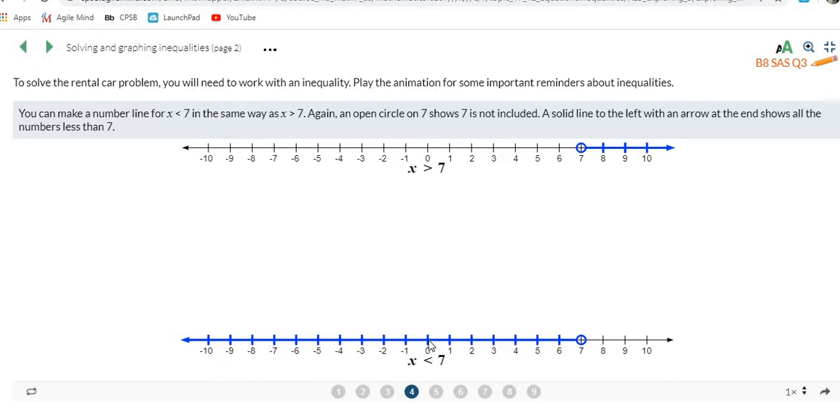It says 0 is an answer. Is 0 less than 7? Yes. It says 10 is not an answer. Is 10 less than 7? No. So that's why it's not shaded. This is not shaded as well because there's a hole. Is 7 less than 7? No, so that's why there's a hole in the graph.